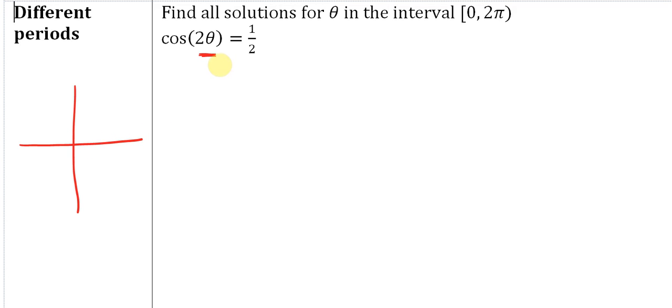And let's look at the unit circle. You always want to ask yourself, where is cosine equal to 1/2? So we're going to treat 2 theta here as a single variable, even though it's a constant times a variable. But let's look at our unit circle.